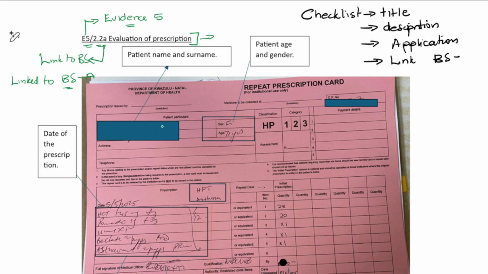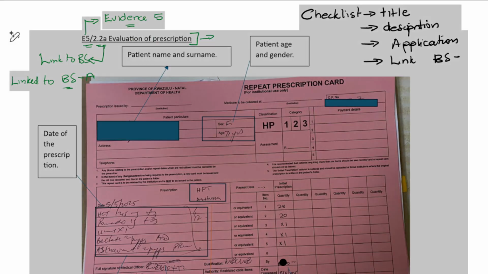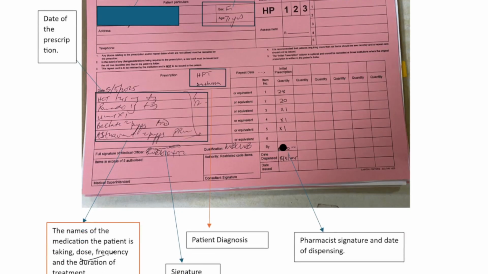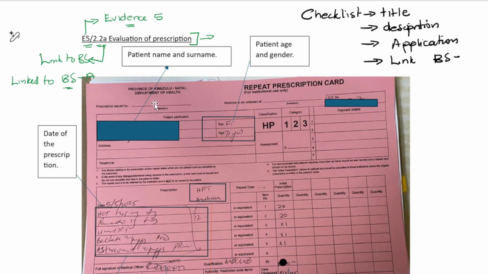And then going through the evidence, we can see that there are annotations. Okay, let me just first see. The first thing that you'd want to check for whenever you have your evidence is any breach in confidentiality.